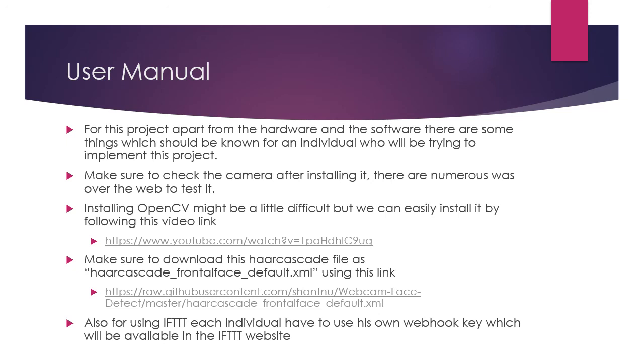You can go through this link and find how to install OpenCV on your Raspberry Pi. And please make sure to have this .xml file, as it is very essential for this project. Also, for using IFTTT, each individual has to use his own webhook key, which will be available on the IFTTT website.